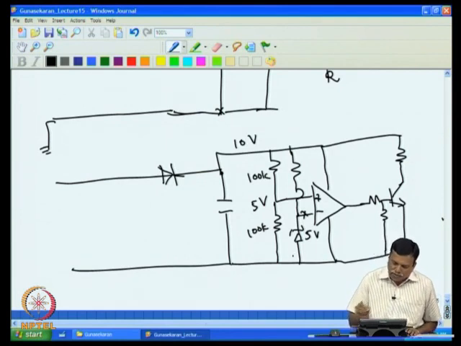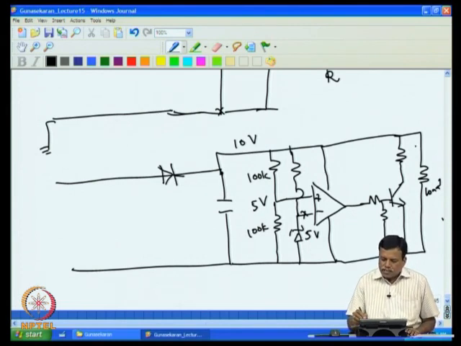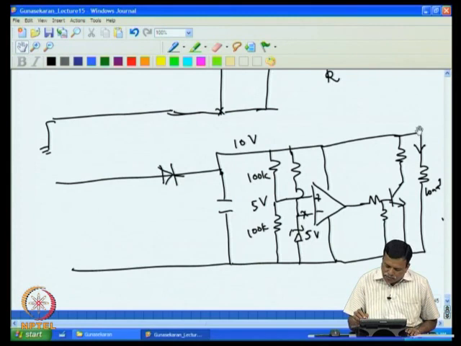Now we can add whatever load we want here. So this is the actual load. If the load is taking more current, then the regulator reduces the current flowing through this, because if the voltage decreases because of more current, then automatically this voltage will decrease and the current flowing through this will decrease.